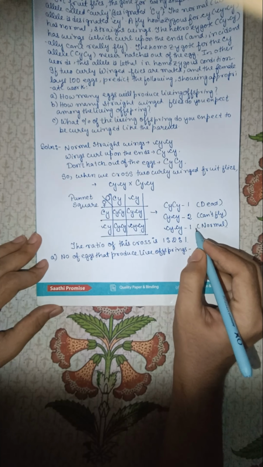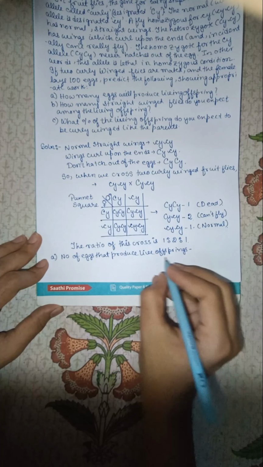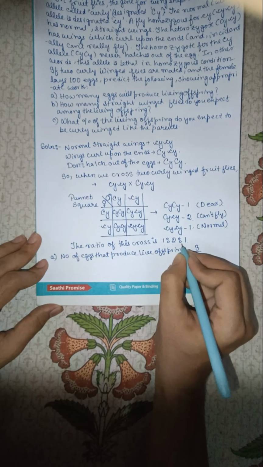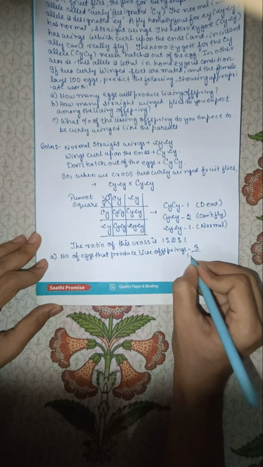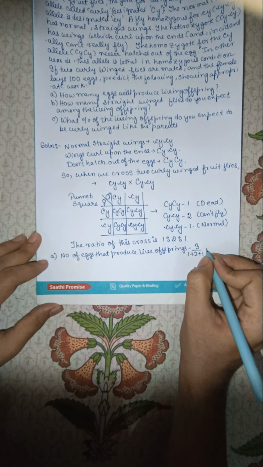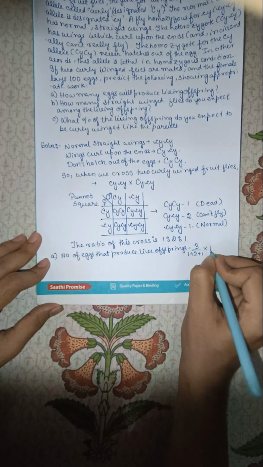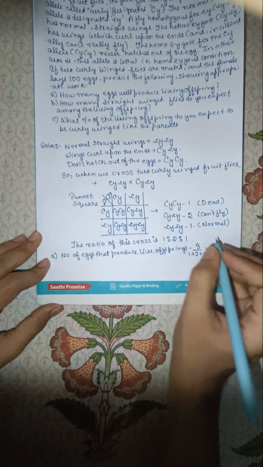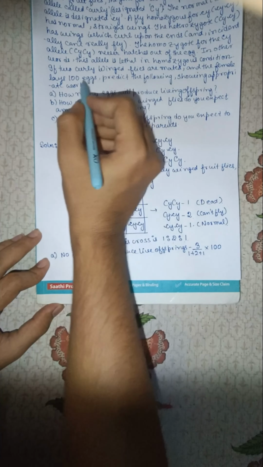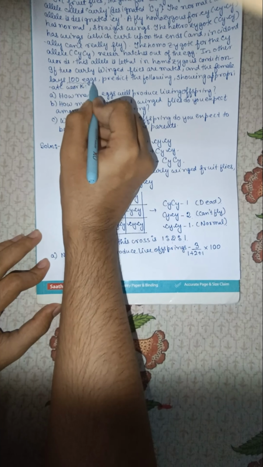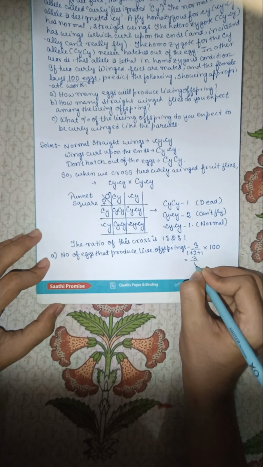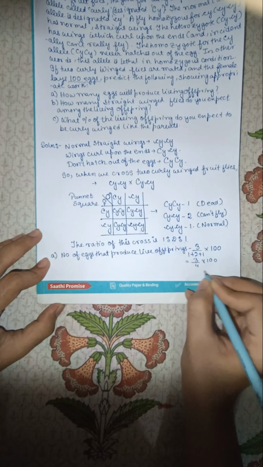That is 2 that can't fly but are alive and 1 that is normal and alive. So total 3 divided by the sum of the ratio 1 plus 2 plus 1, into 100, equals 3/4 into 100, which is 75. So the number of eggs that produce live offsprings are 75 among the 100.